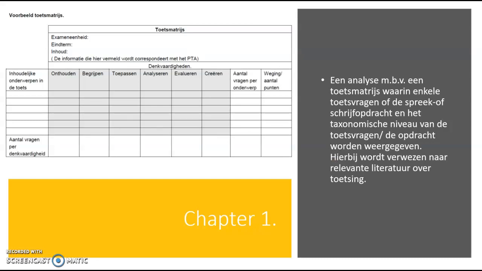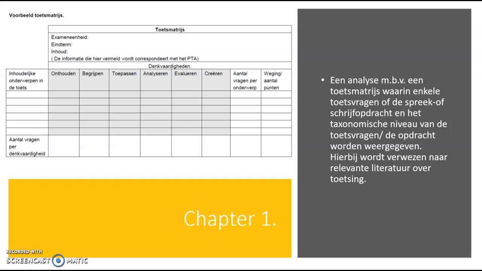Let's go through the chapters. Here you will do an analysis of your test, but you're going to use something called a test matrix. You will see an example here, however, this one is used with Bloom's new taxonomy. However, you can also use the Zephyr test matrix.